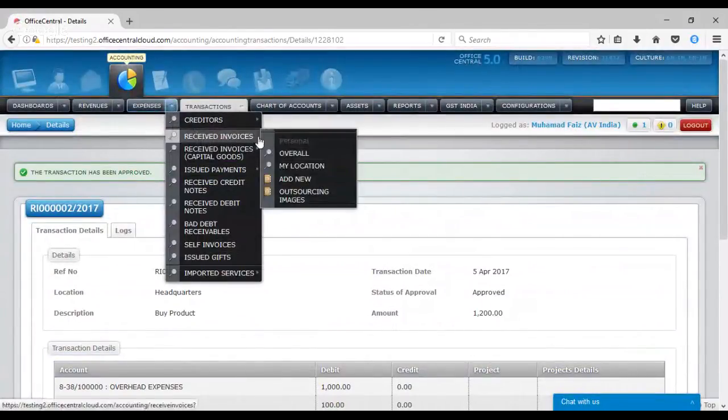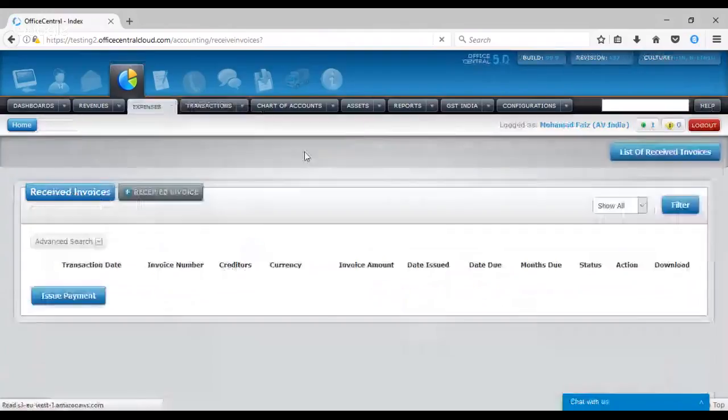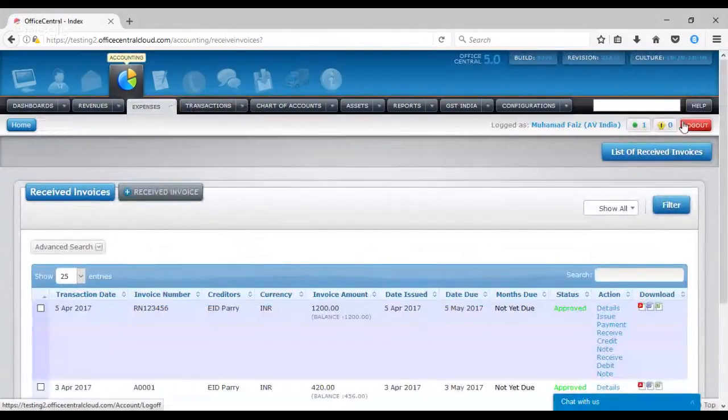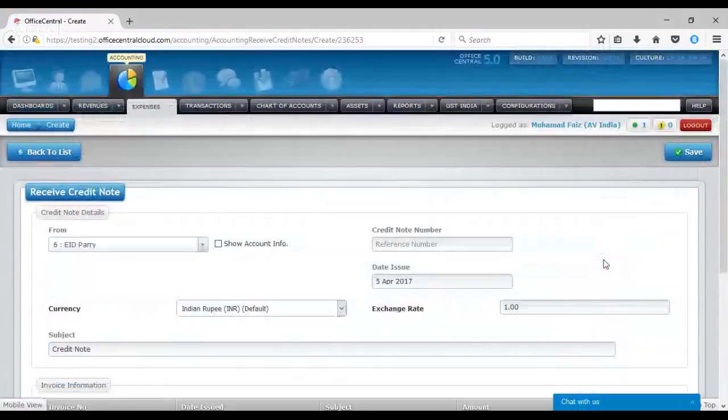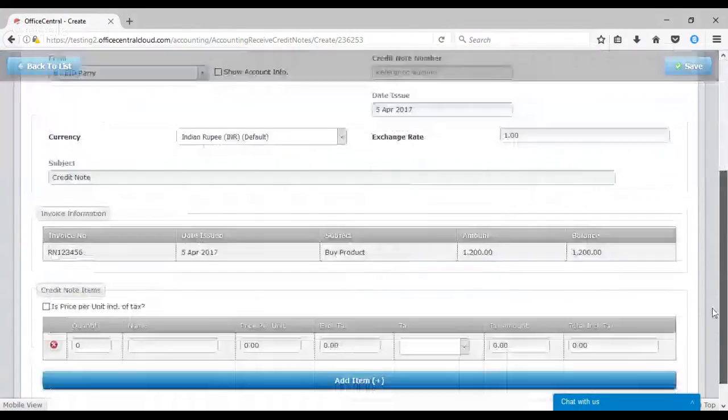For example, let's go back to receive invoice. You can already see that the receive invoice is inside the transaction. Now, if your supplier gives you a credit note, just click receive credit note. Say they give you a 100 rupee reduction.